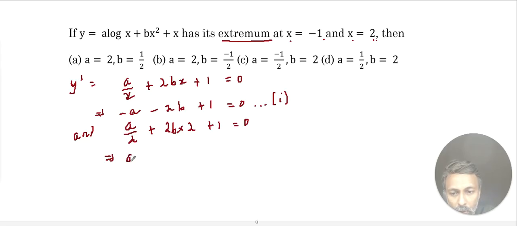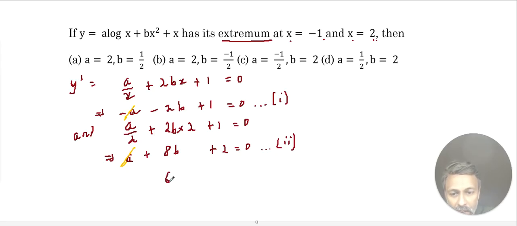Let's multiply throughout by 2. So a plus 4b into 2 will become 8b, plus 1 2s are 2, is equal to 0. Equation 2. If we add equations 1 and 2, then minus a and a get cancelled out.